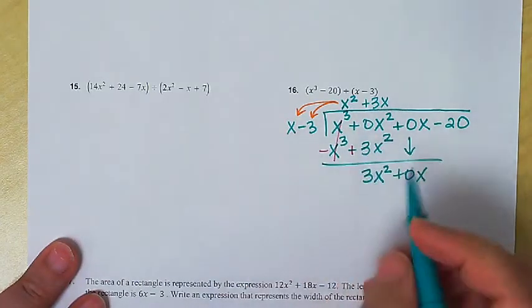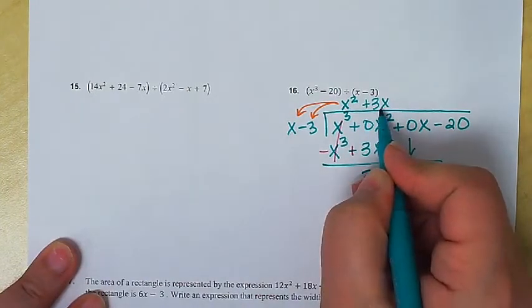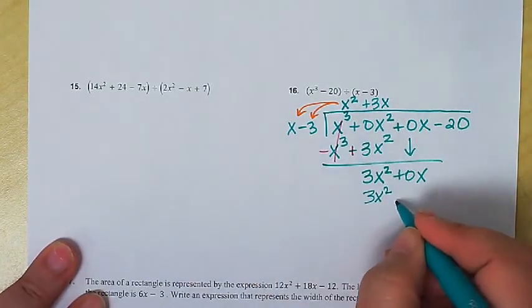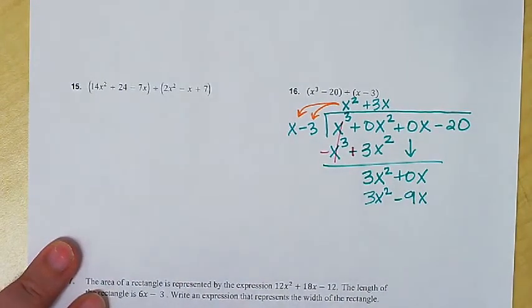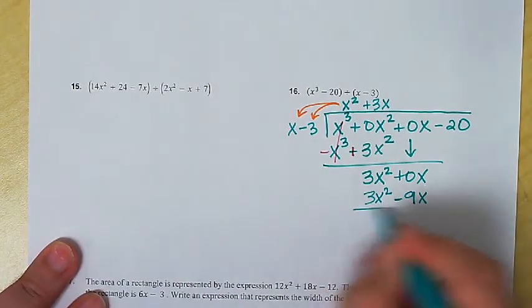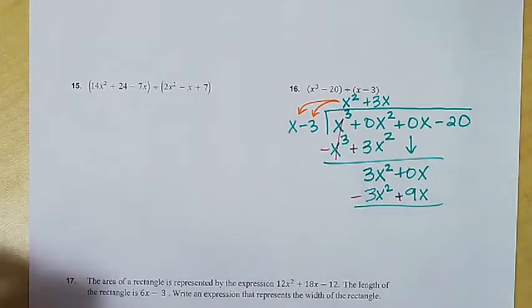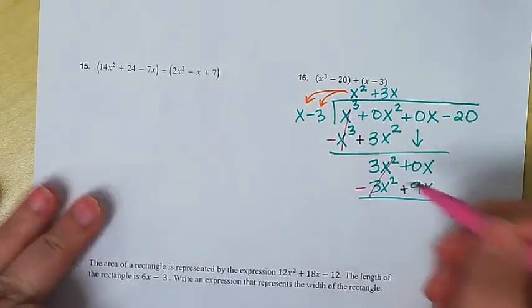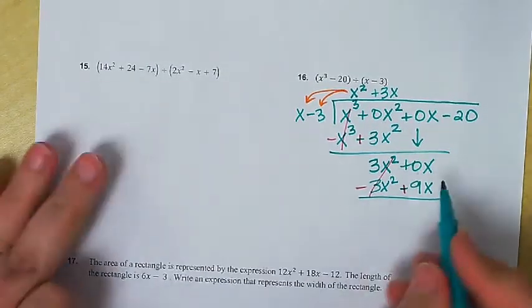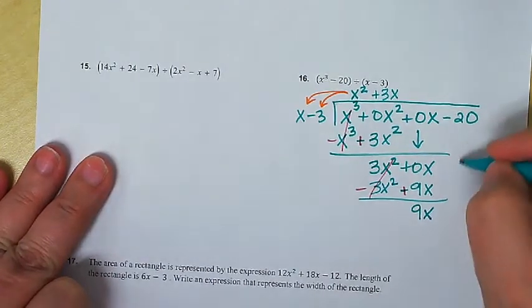So 3x times x, 3x to the second. 3x times negative 3 is negative 9x. Okay. I drop my line, I change my signs, and then I combine straight down. That lets these guys cancel, and 0 plus 9x is still 9x.